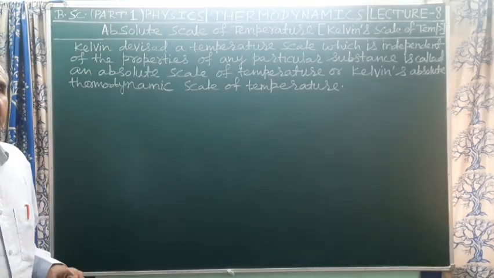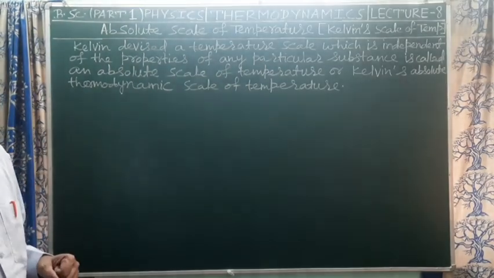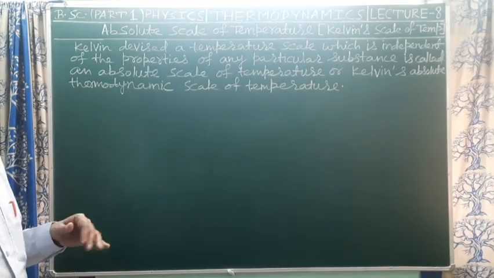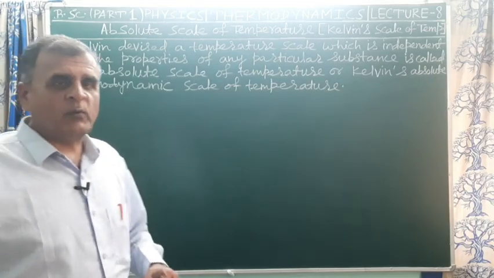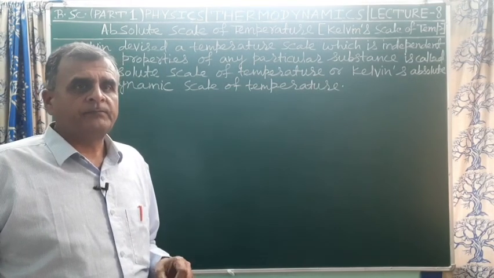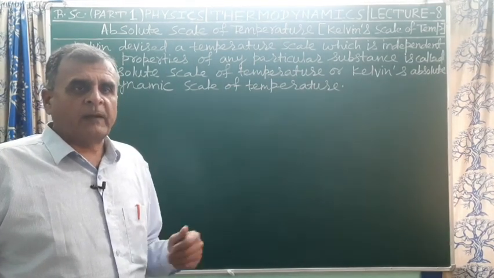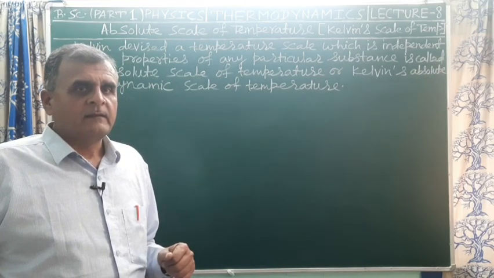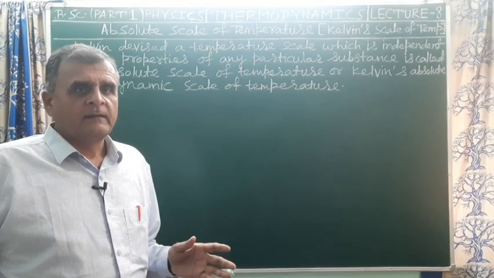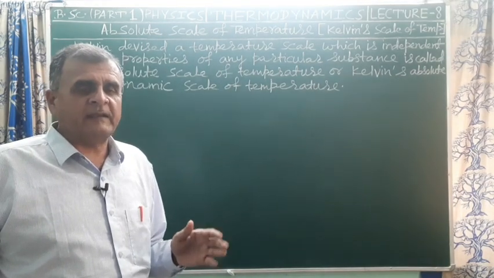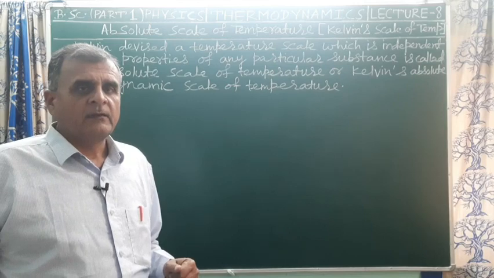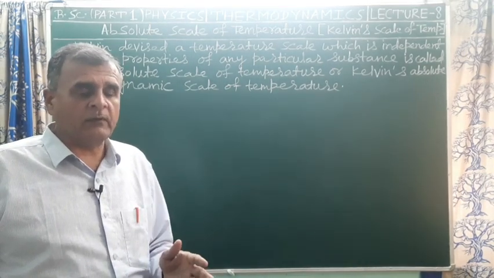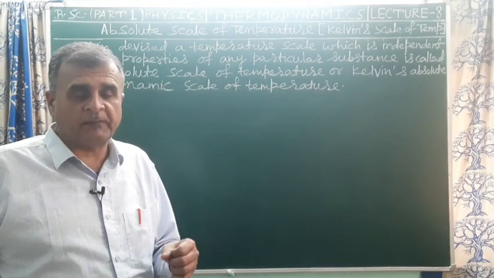Now we will define the absolute scale of temperature or Kelvin's scale of temperature mathematically. Suppose a reversible heat engine works between two temperature limits, say temperatures θ1 and θ2, where θ1 is the temperature of the heat source and θ2 is the temperature of the sink.